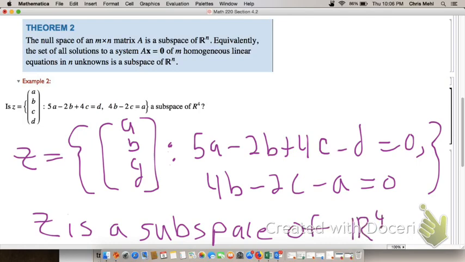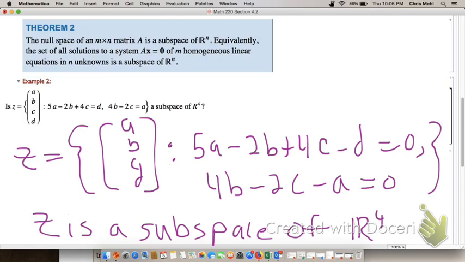of R4. Again, the way that I've written this now, the two conditions on this set, that's a system of two homogeneous equations and four unknowns, and since Z is the set of all solutions to that homogeneous system, that right away tells me that Z is a subspace of R4 without even having to verify the three original conditions of a subspace, namely that the subspace contains a zero vector, a subspace contains the sum of any vectors in that subspace, and also that the subspace is closed under scalar multiplication.